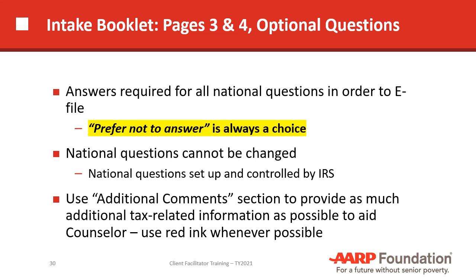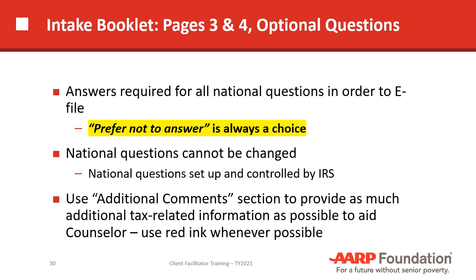So pages 3 and 4 of the intake booklet get into a variety of questions. A lot of them are optional questions that the taxpayer can decide to answer or not answer, because they always have a choice called prefer not to answer.